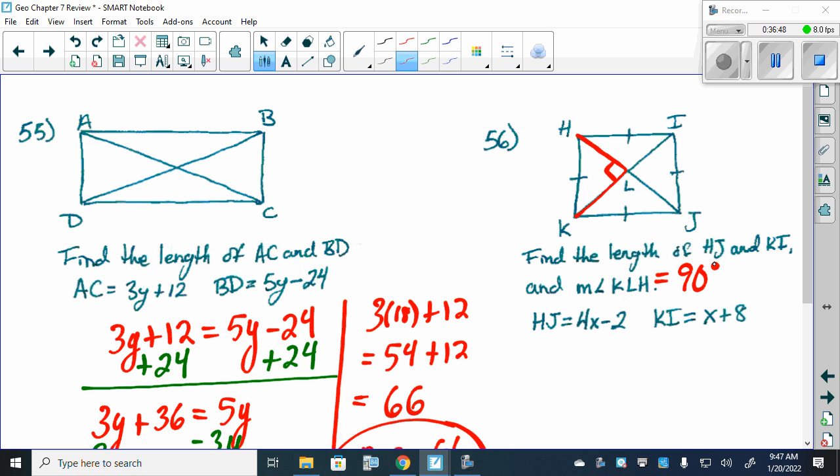Yep, KLH is 90. Any other questions on this here?